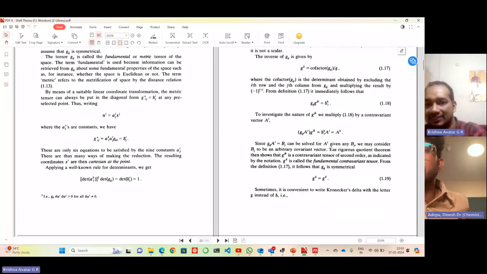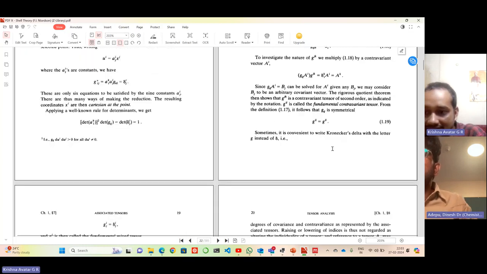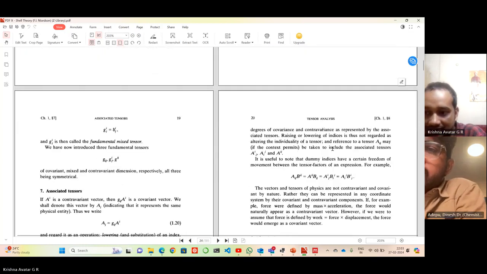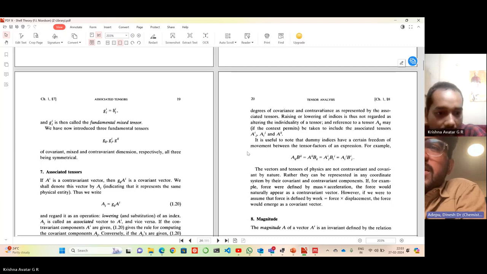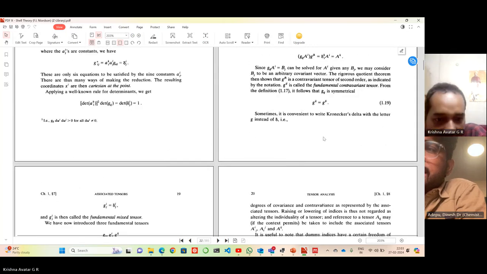Anyway. Okay, so we were at here, right? Metric, and then here there is the fundamental mixed tensor. Where is that? Okay. So we try to count.